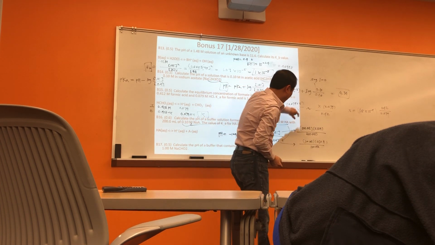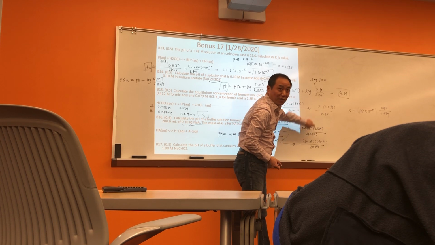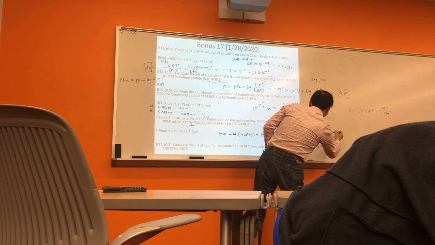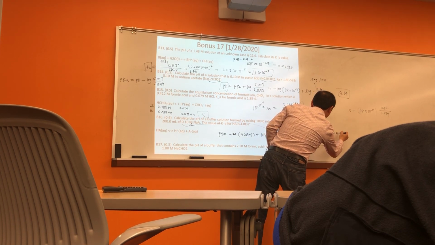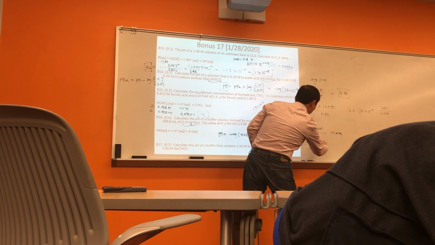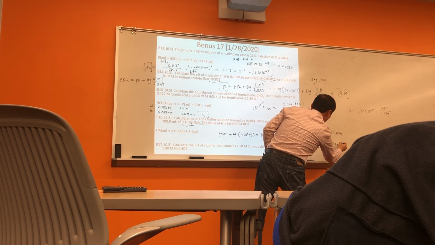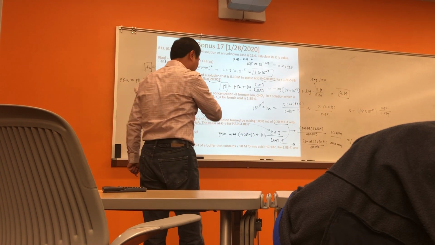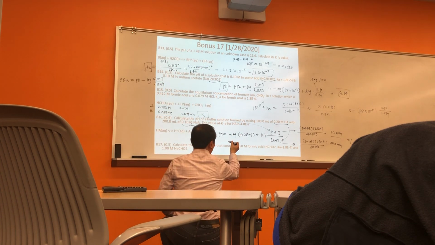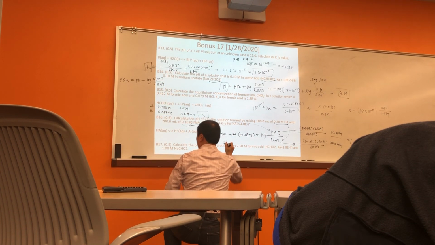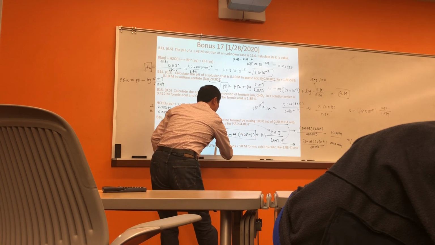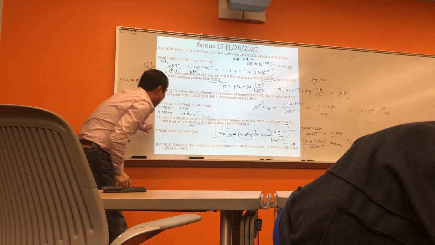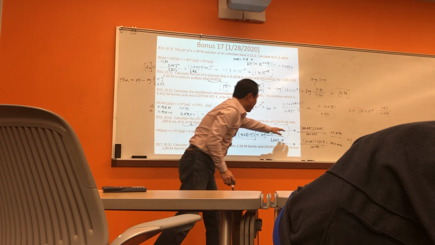So in the end, if you multiply, that will be 20 millimole, and this guy also 20 millimole, so that will be just 1. So that actually becomes very simple. You're going to have only this number, only this guy. So it's not that hard after you do this algebra.